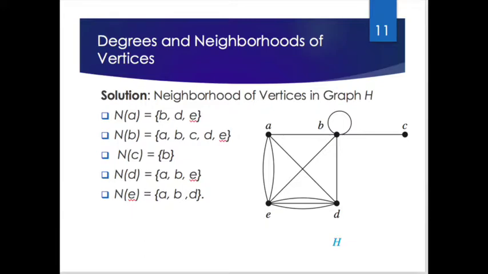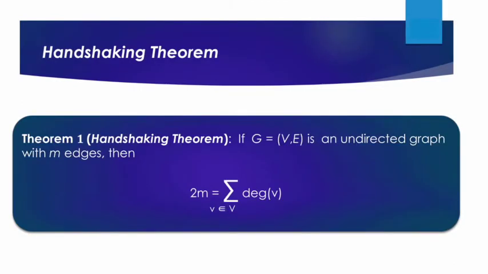So this is an example just to describe the neighborhood and the degree of vertices in a graph. What we get when we add the degrees of all the vertices of a graph G equals the combination of V and E. Each edge contributes to the sum of degrees of the vertices because an edge is incident with exactly two vertices.